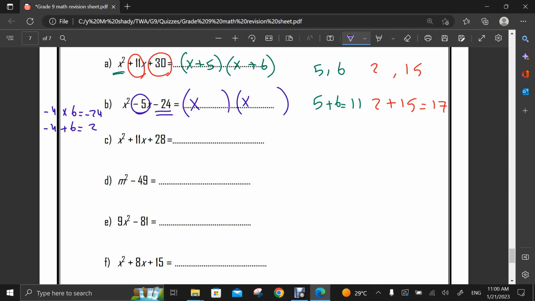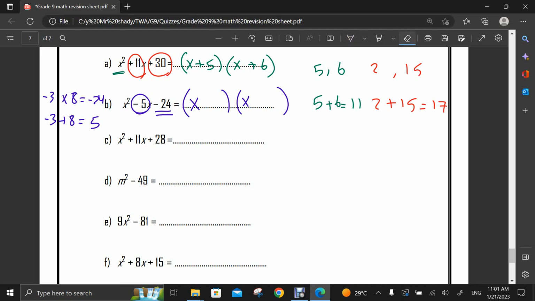So let's search for another two numbers. So someone says, Mister, what about negative 3, positive 8? Because negative 3 times positive 8 is negative 24, that's right. But if you add them, negative 3 plus 8 will be positive 5. But this is negative 5. So I'm going to switch the sign here.